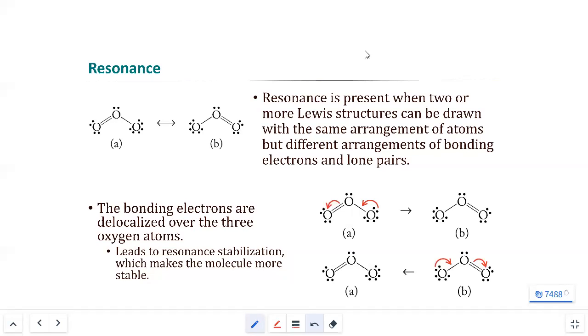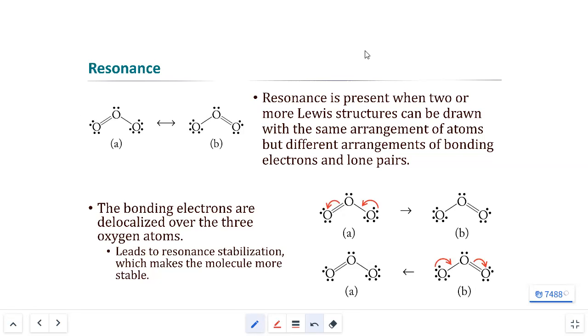In organic chemistry, we see this with benzene. Benzene rings have a structure of double bonds and single bonds alternating around this 6-membered ring. And what happens? Those double bonds and those single bonds move around that ring, and all 6 of those electrons end up being delocalized, moving around. In this case, we only have 2 electrons that are delocalized.